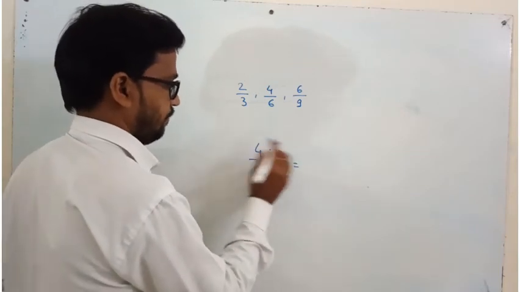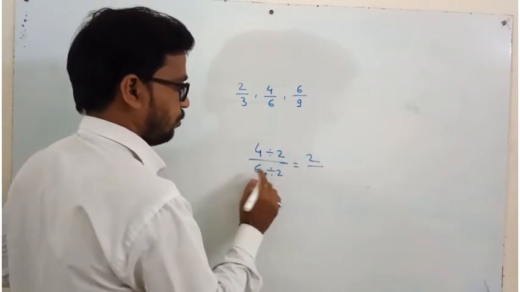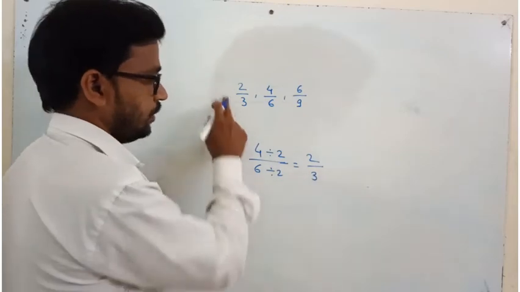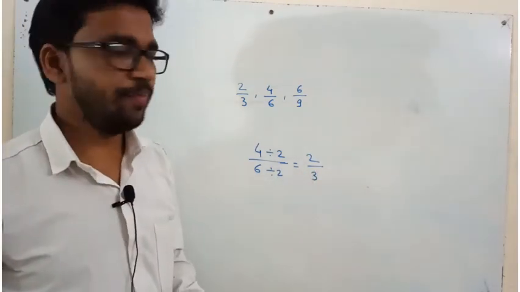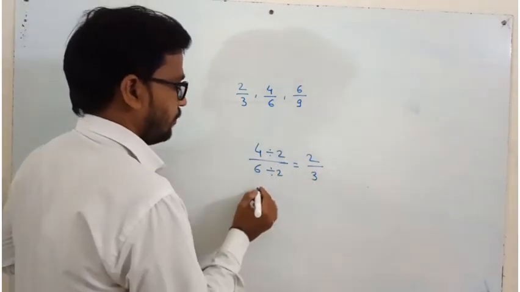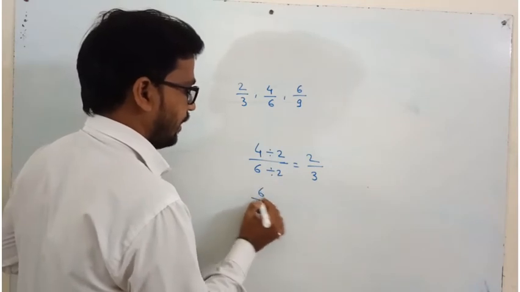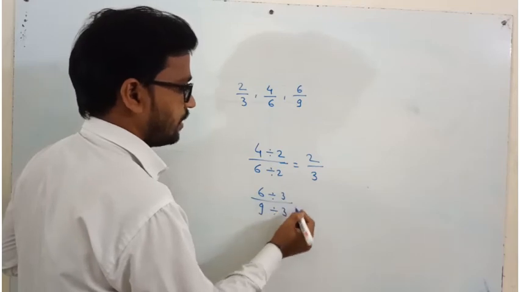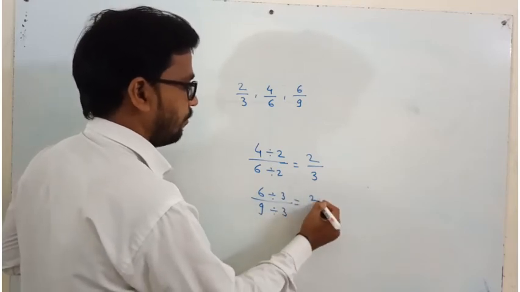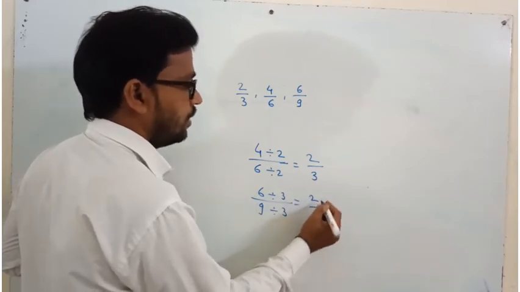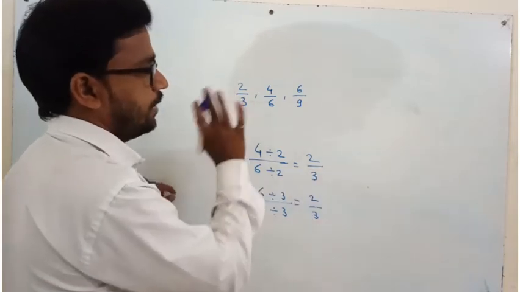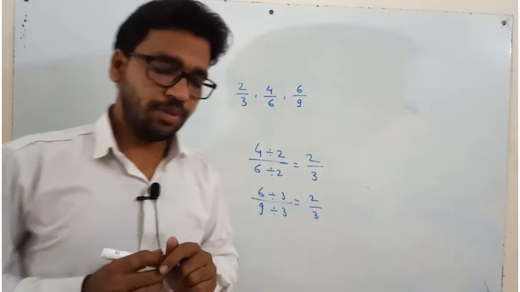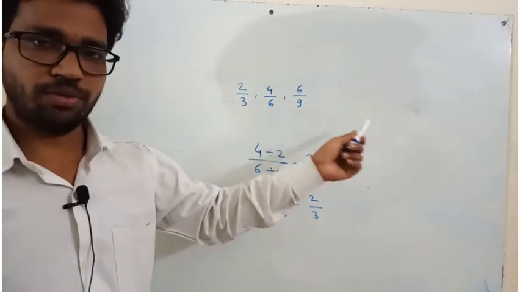Then what do we get? 2 2s are 4, 2 3s are 6. This is 2/3. If 6 by 9 is there, and we divide both numbers by the same number, which is 3, then 3 2s are 6 and 3 3s are 9. See, 2 by 3, 2 by 3 and 2 by 3. So they are equivalent fractions.